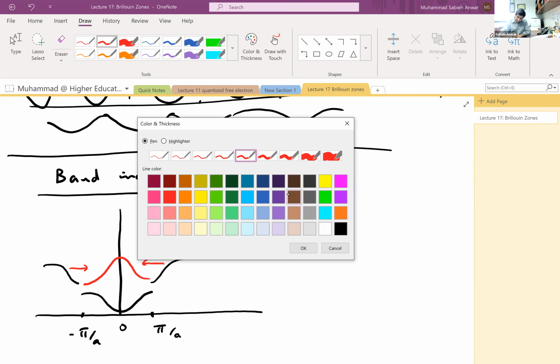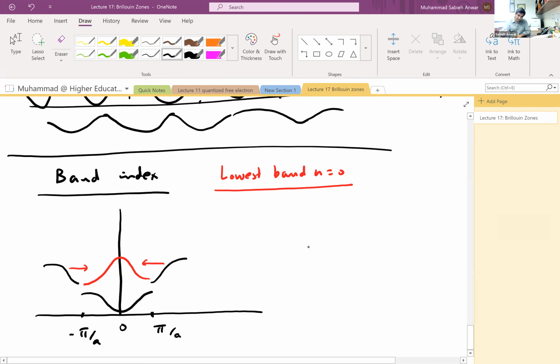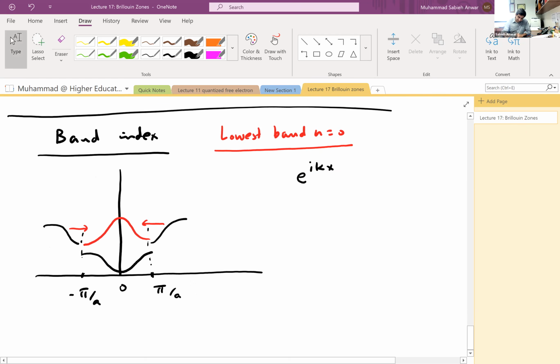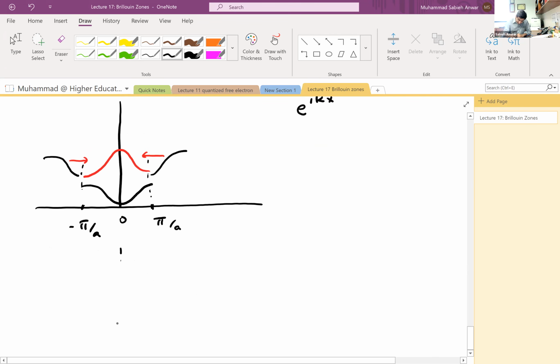the wave function is similar to e^(ikx). Suppose we don't have any periodic potential, then this dispersion relationship is going to look like a parabola. It's going to look exactly like this, what I'm going to draw over here.